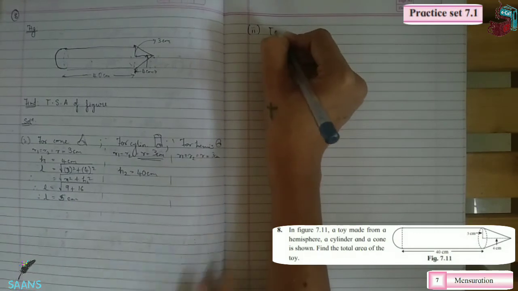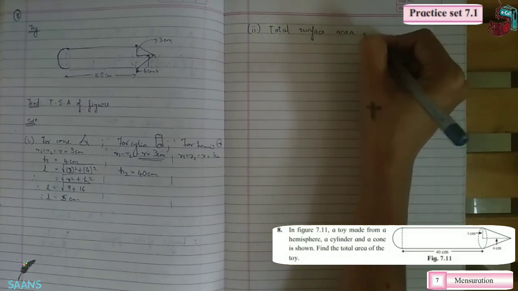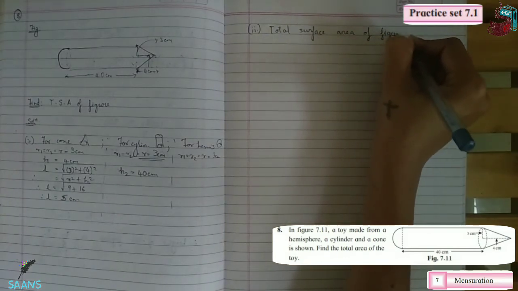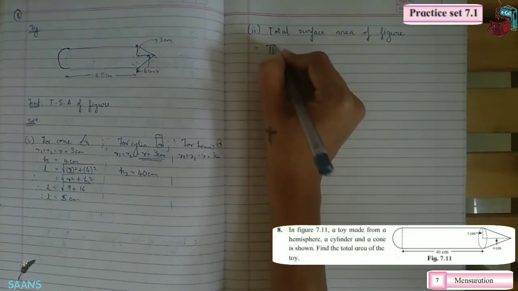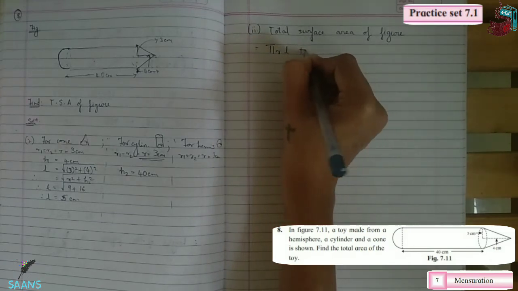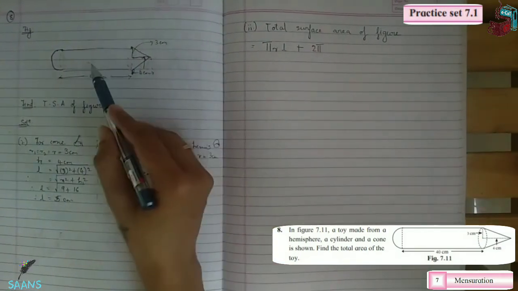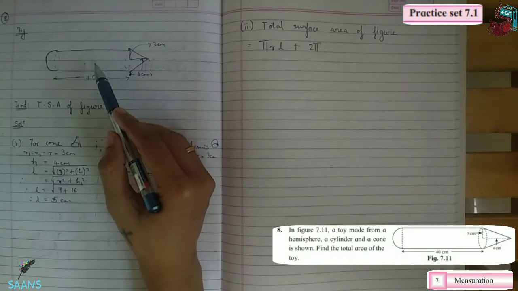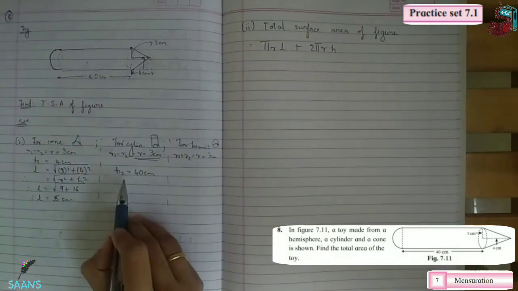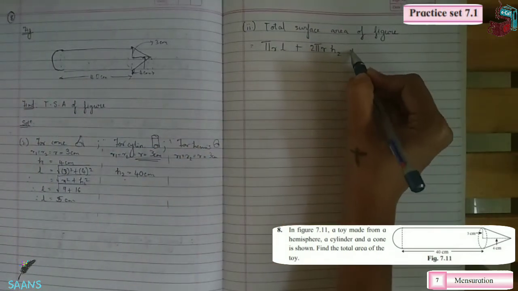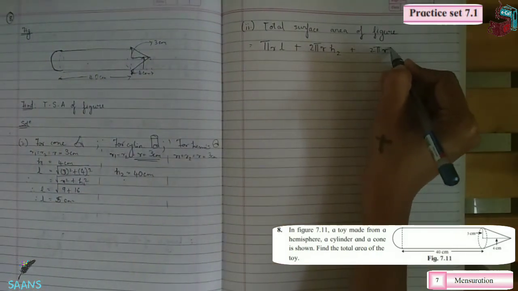So we say total surface area of figure or toy, you can say, is equals to formula pi RL plus 2 pi RH2 for cylinder, plus, we don't have anything else for this but 2 pi R square.